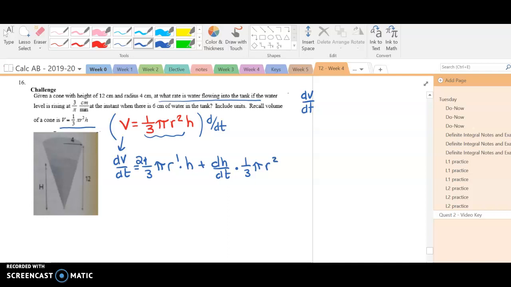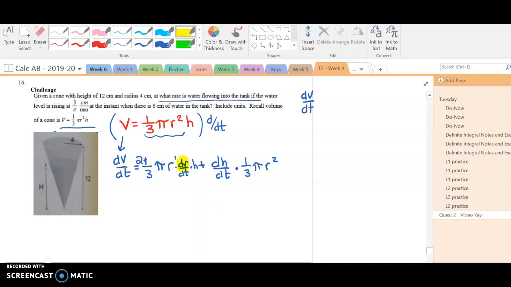The only problem with this is, in this first part we're also going to have a dr/dt. So as we have r to the 1 power, we're going to have also a dr/dt, and then times h.